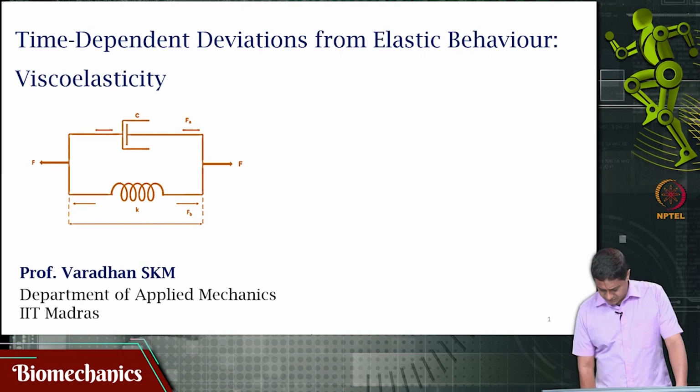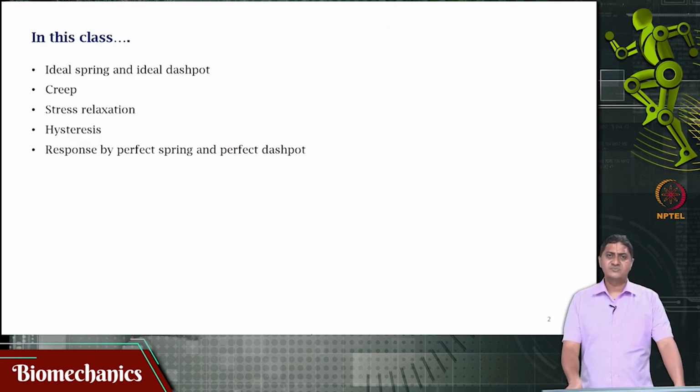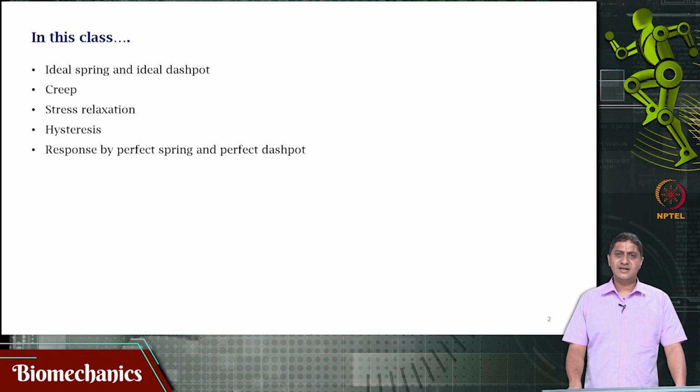So, in this video, we will be looking at the characteristics of an ideal spring and an ideal dashpot. What is creep? What is stress relaxation? What is hysteresis? These three are manifestations of viscoelasticity and response of a perfect spring and a perfect dashpot.